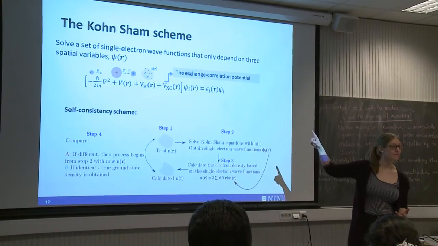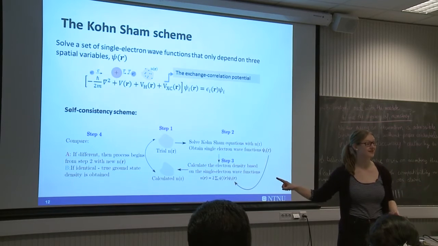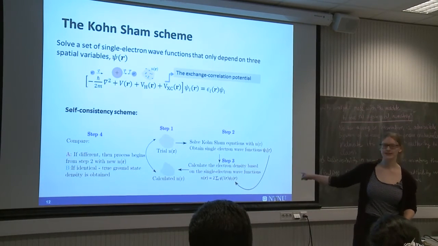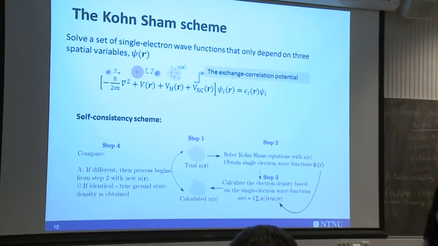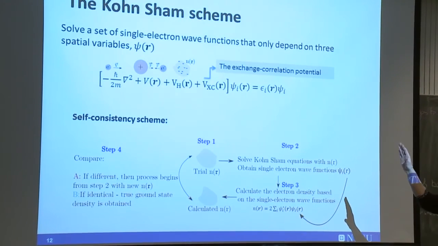And so that's how you minimize. You search for the lowest, the ground state electron density by looping through this. So yeah, guess an electron density, put it in your Hamiltonian, then recalculate the electron density. If it's the same, perfect. Then you got out the same as you put in.